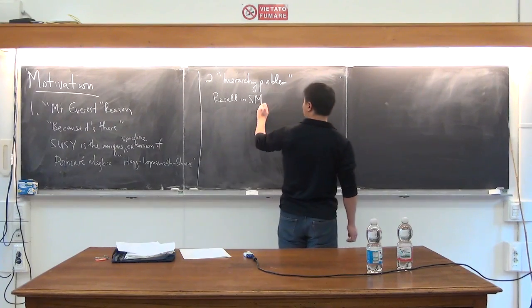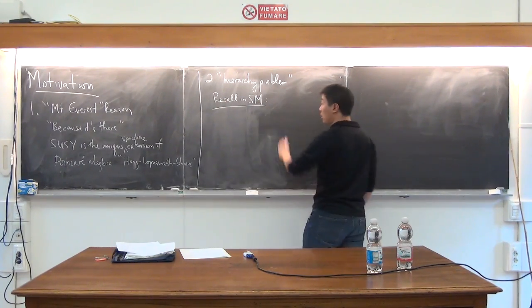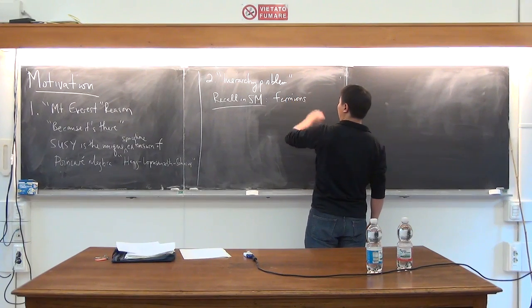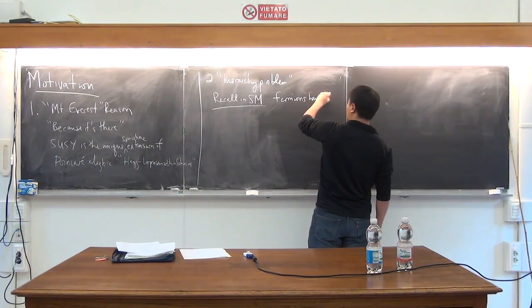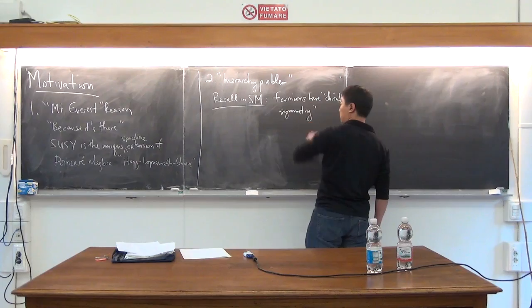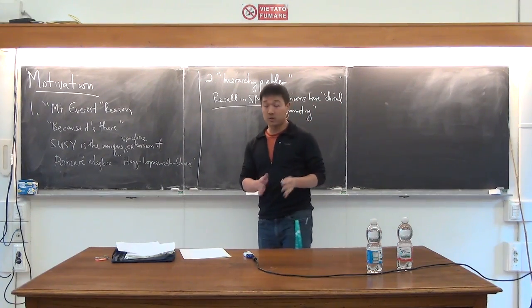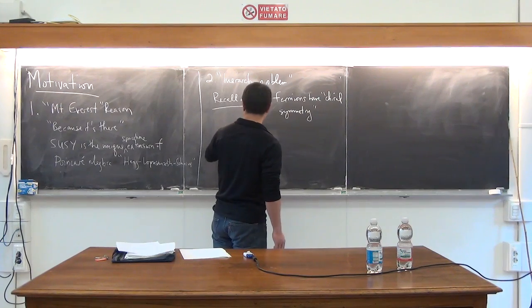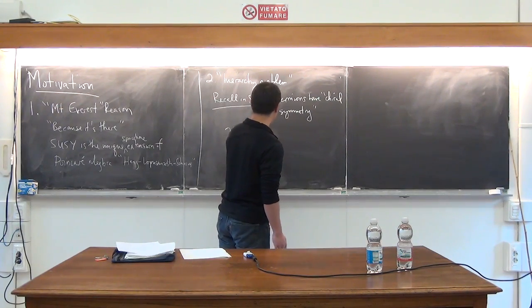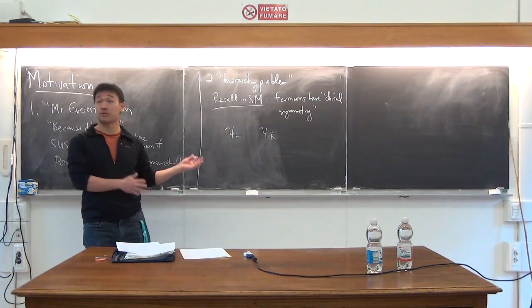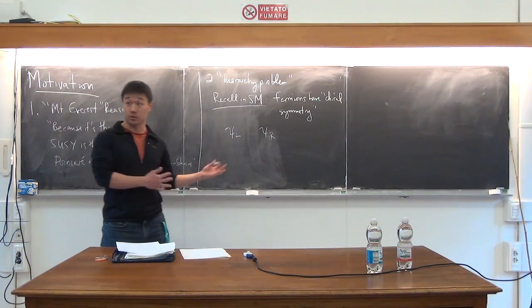Let's recall, in the standard model, something that you should all know, which is that the fermions have something called chiral symmetry. Which means the fermions have a handedness: there are left-handed fermions and there are right-handed fermions, and the handedness refers to their transformation properties under the Lorentz group.